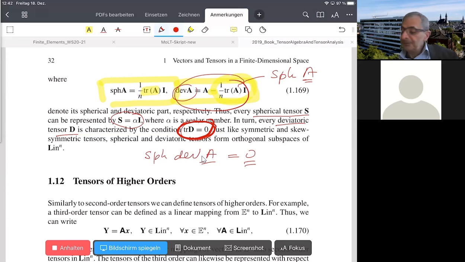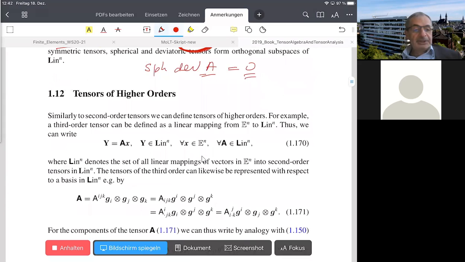That is why before formulating this yield condition, we take the deviatoric part of a tensor. Very important condition from the mechanical point of view. So is it clear? Questions?